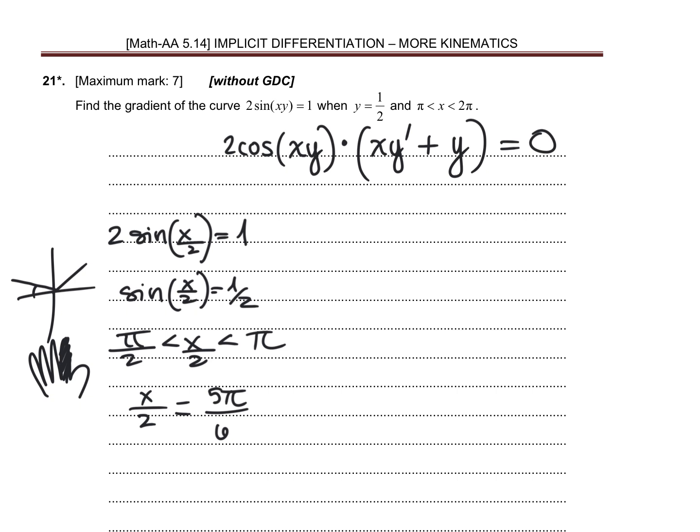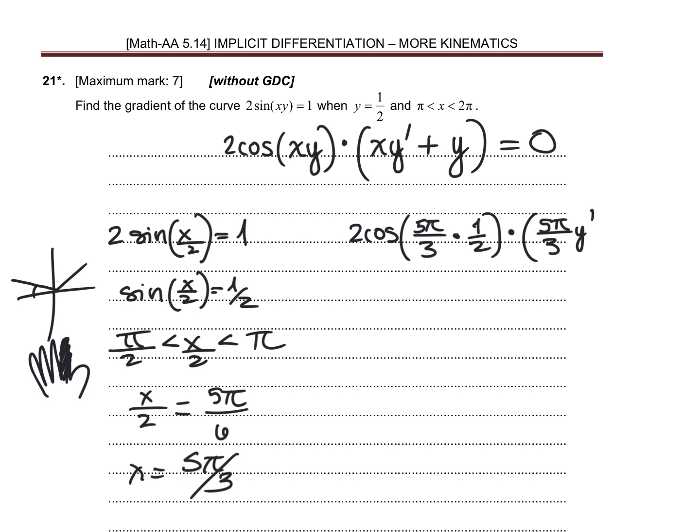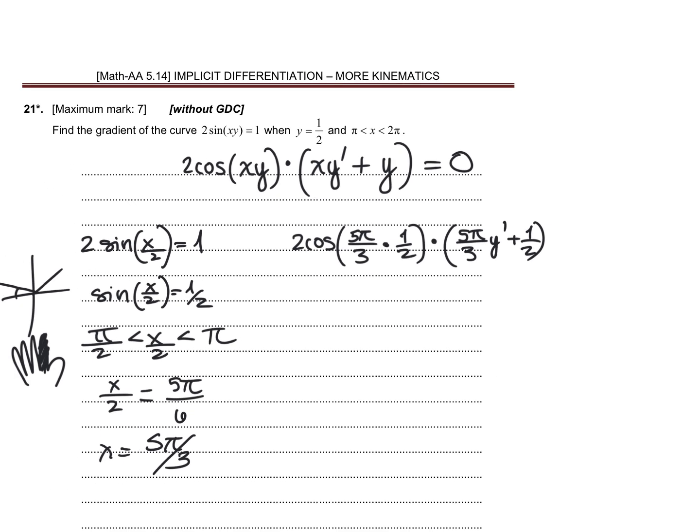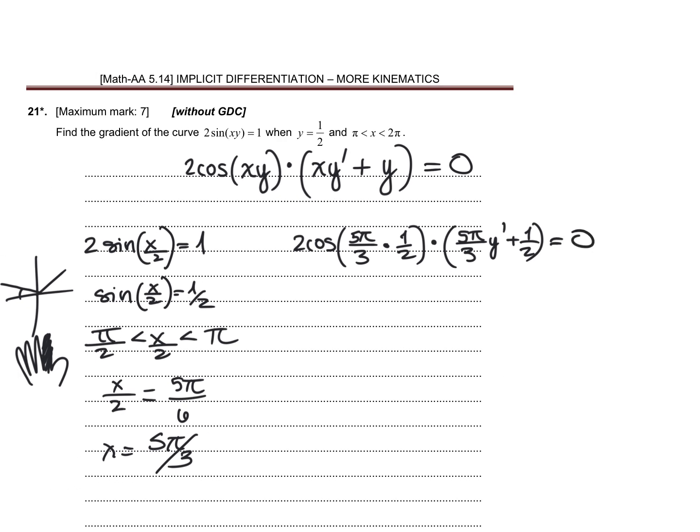So we're going to have that x is equal to 5 pi over 3. So now we can substitute in the derivative 2 cosine 5 pi over 3 times 1/2 times 5 pi over 3 y prime plus 1/2. And that's equal to 0.